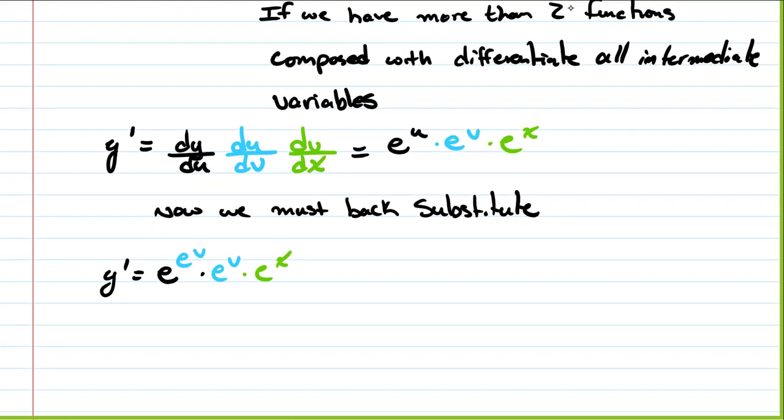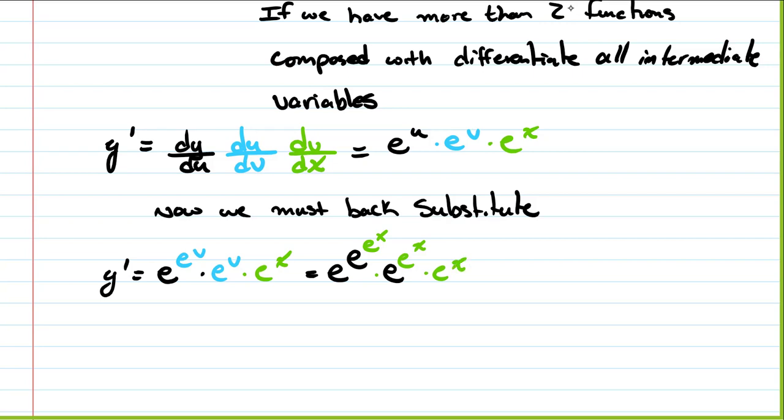So we end up with e to the e to the e to the x times e to the e to the x times e to the x.